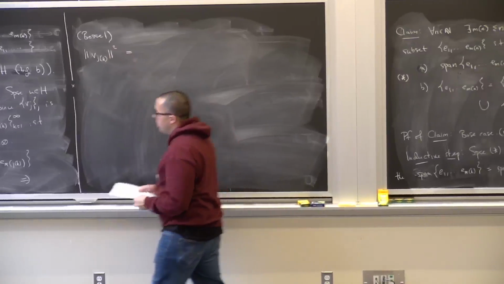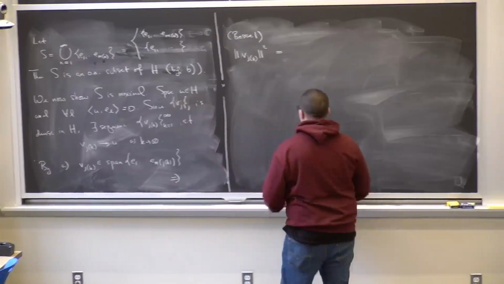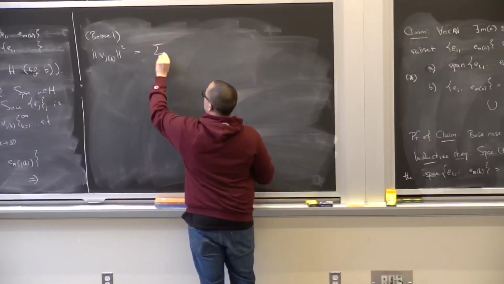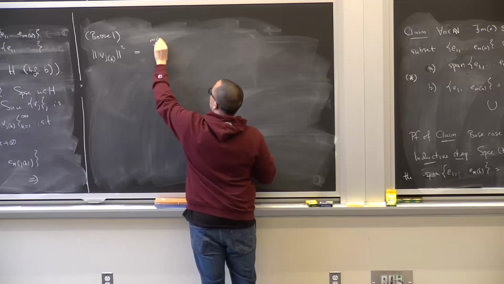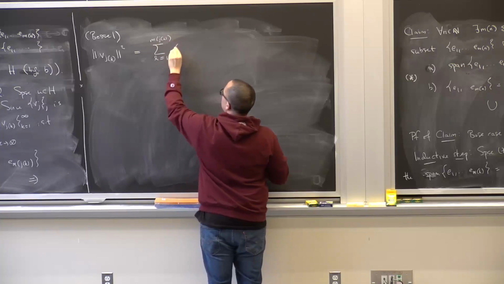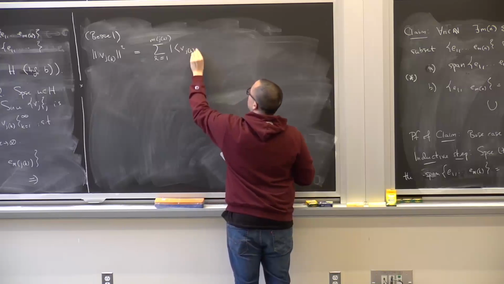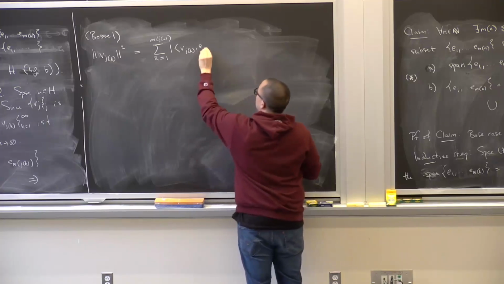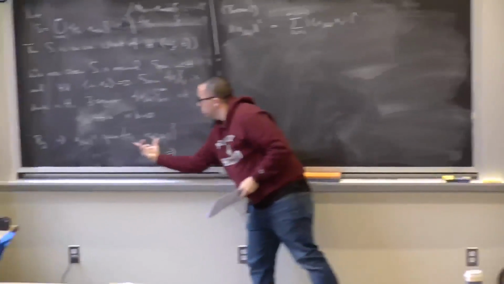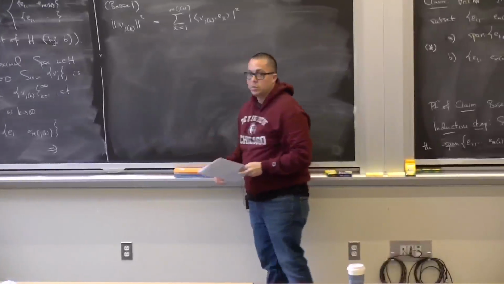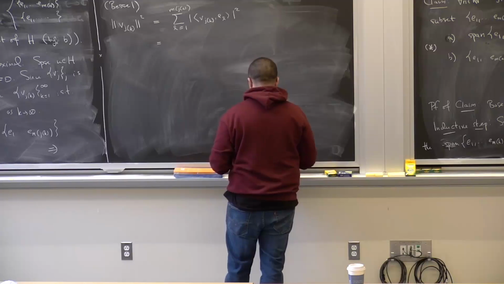Now, v of j sub k is in this span, so you can show that this norm squared is, in fact, equal to the sum of the squares of the coefficients that I get from taking the inner product. Okay? If I have a vector in the span of a finite collection of orthonormal vectors, then the norm squared is equal to the sum of the squares of the coefficients, just like in Rn.